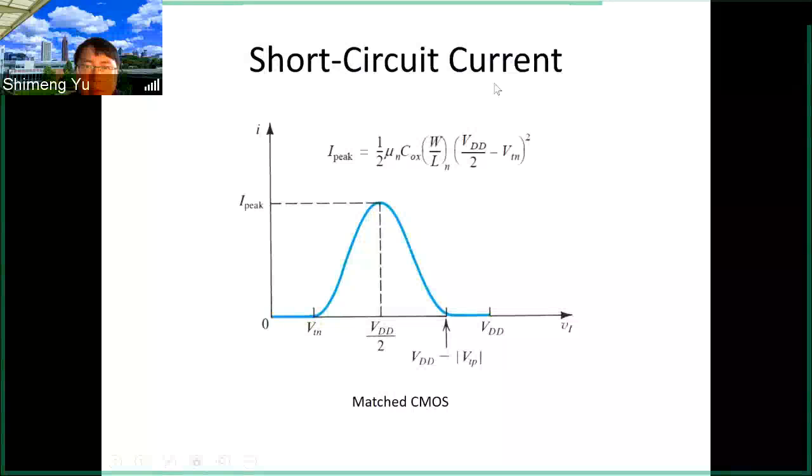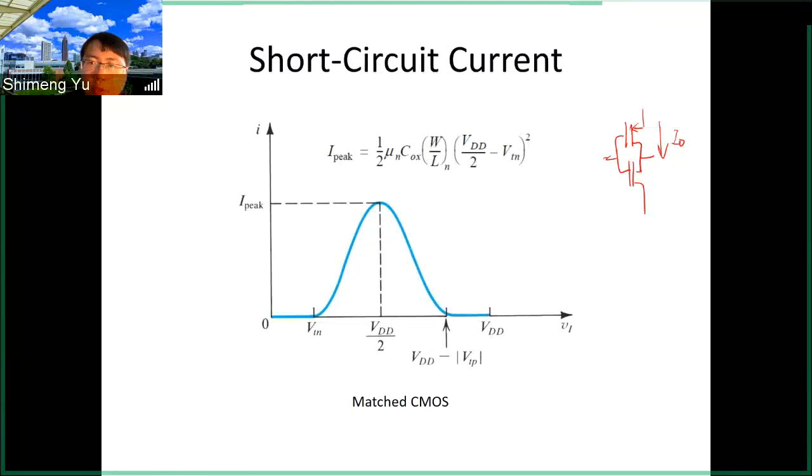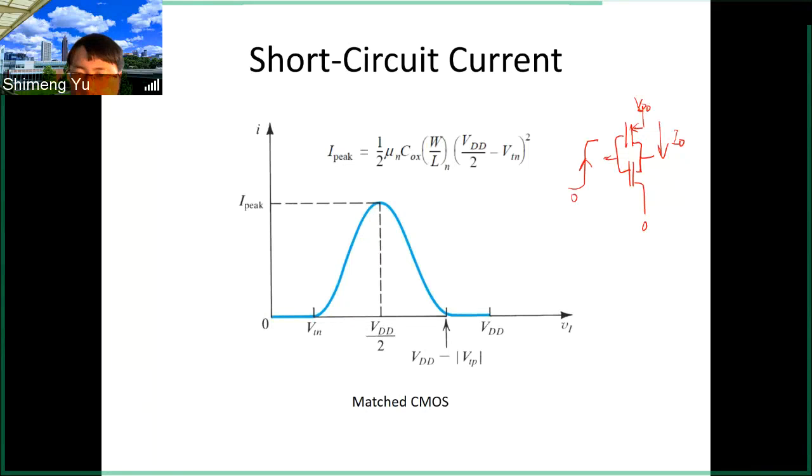From another perspective, this active switching power is also consumed by the short circuit current in the inverter. That is the current through the inverter from the VDD to ground when the input is switching from 0 to VDD. Then the current will have this profile.